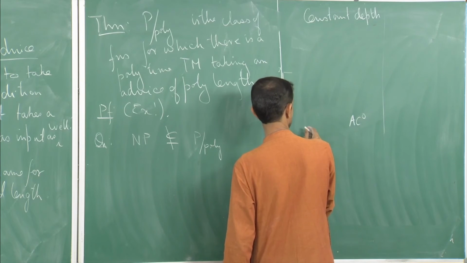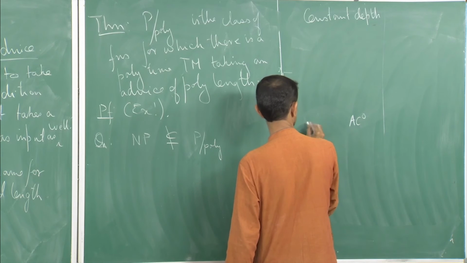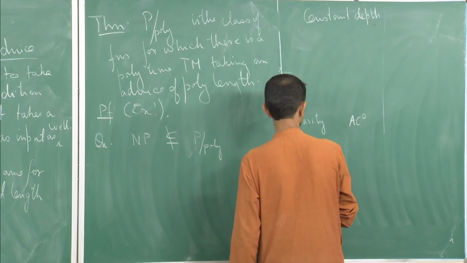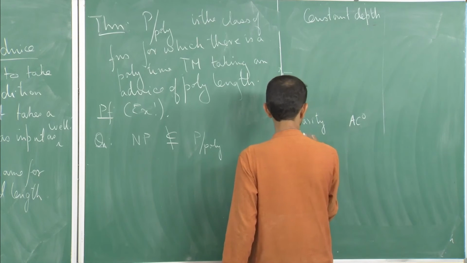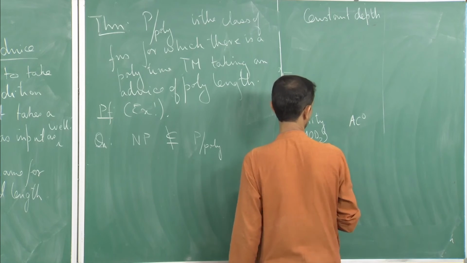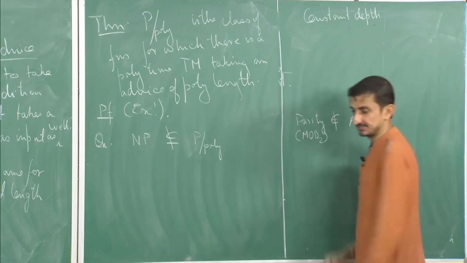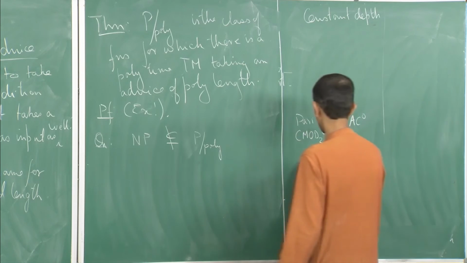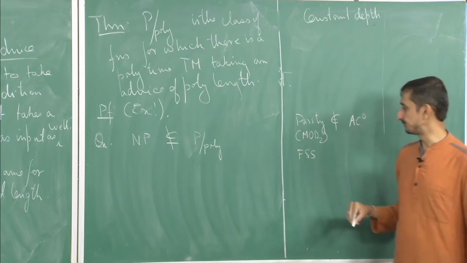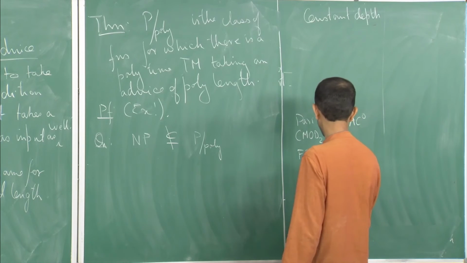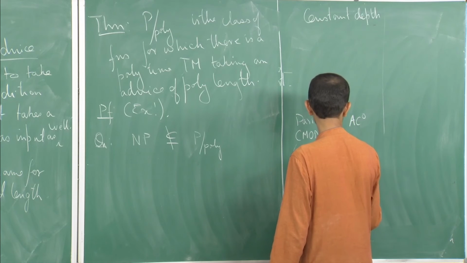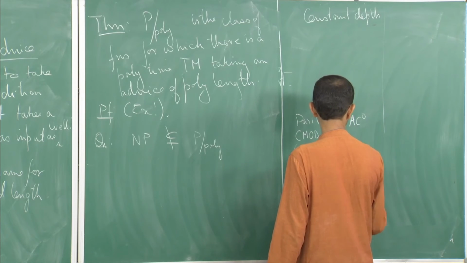First it was shown by FSS that the parity function, or the mod 2 function, is not in AC0. This result was shown first by Furst, Saxe and Sipser in I think 81, then independently by Ajtai in 83.